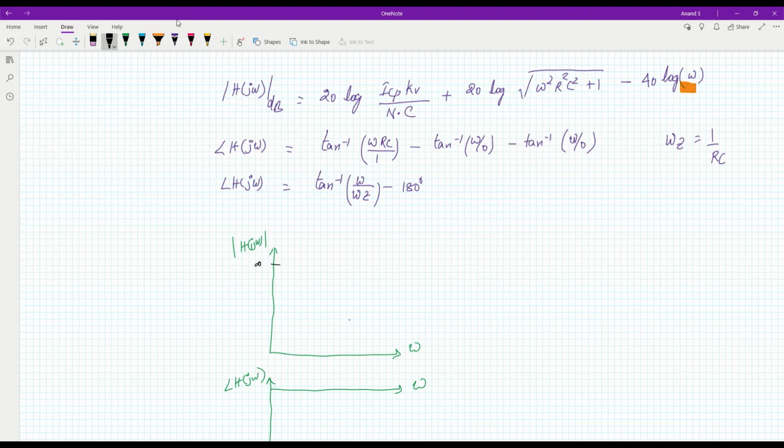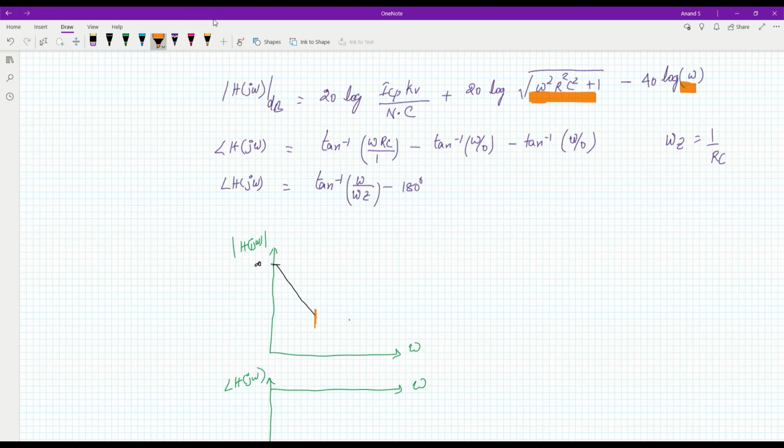From this term, we can see that when omega is a very small value, it is almost equal to log of 1, so it will not add any impact on the gain at very low values of omega. As omega increases, the gain will fall at the rate of minus 40 dB per decade, until the zero term becomes more significant. When omega equals omega z, this term becomes square root of 2.